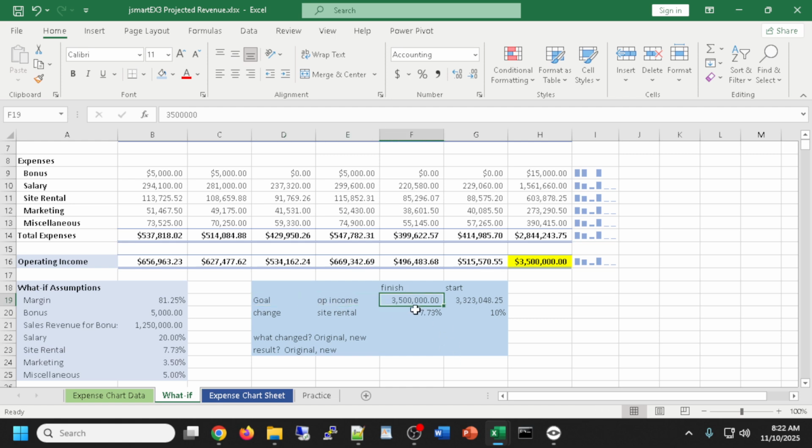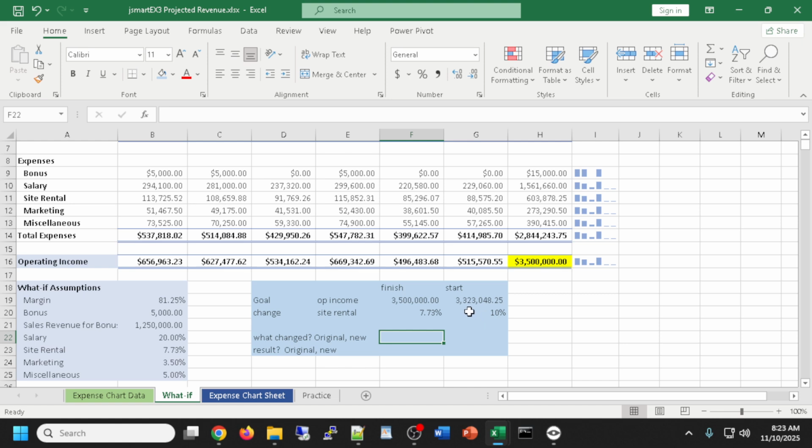We wanted to end up at $3,500,000, starting at that value. So we have what change we are seeking, and what caused the change to happen. We started at 10% site rental. We negotiated down to less payment on rental, resulting in a higher net operating income at the end of the year. That was our what if analysis there.